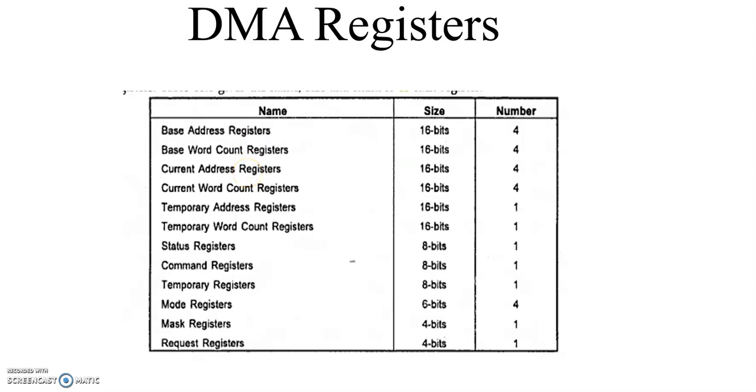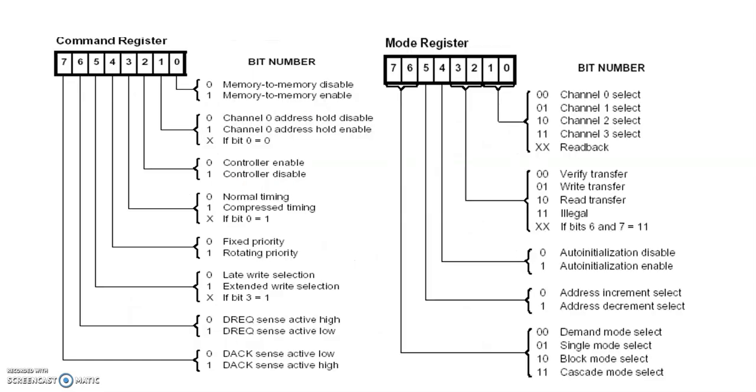So next, this one is the command register format. The first bit, D0, is memory to memory disable or memory to memory enable. The next bit is channel 0 address hold: 0 means disable, 1 means channel 0 address hold enable. The next bit is controller enable or disable.